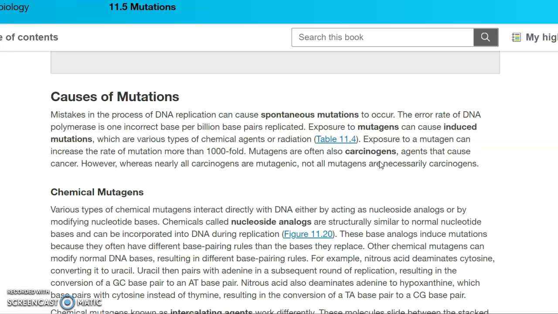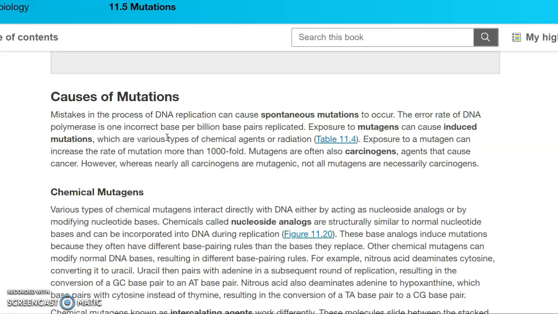So, what causes mutations? Well, sometimes we just get spontaneous mutations. You see there the error rate of DNA polymerase is 1 incorrect base per billion base pairs replicated. So just in normal replication, not being exposed to any type of chemical or physical mutagen, there's 1 incorrect base per billion pairs replicated.